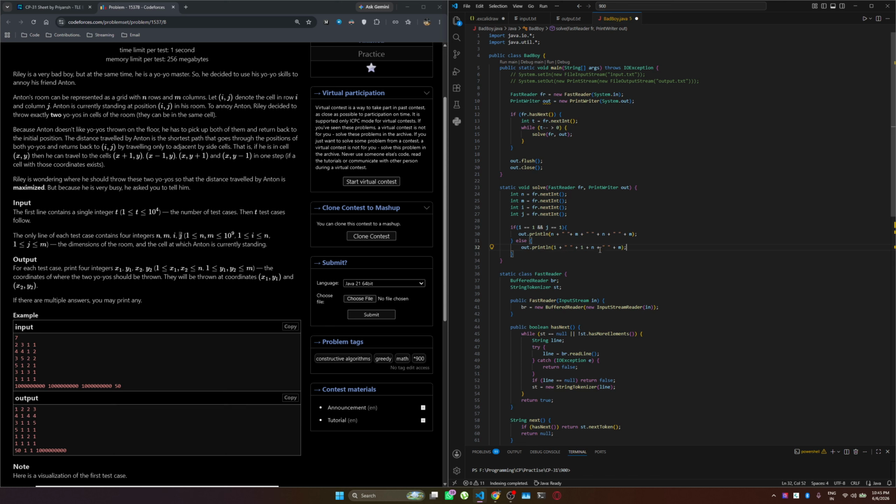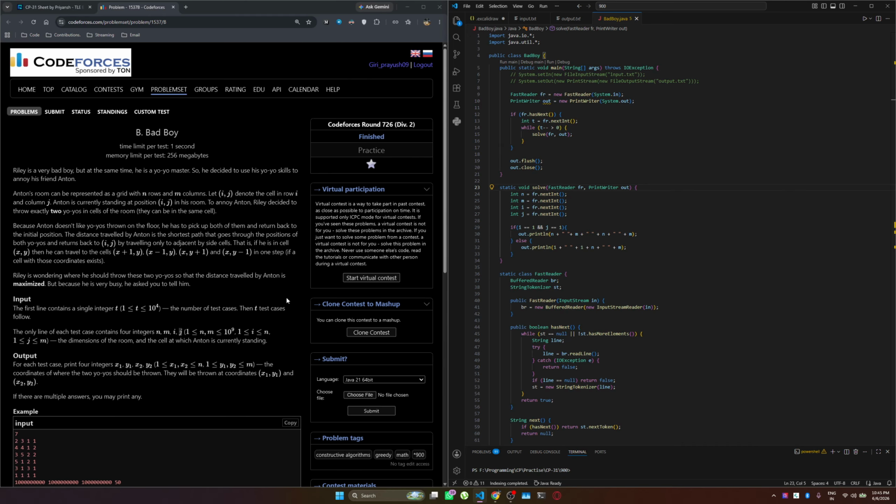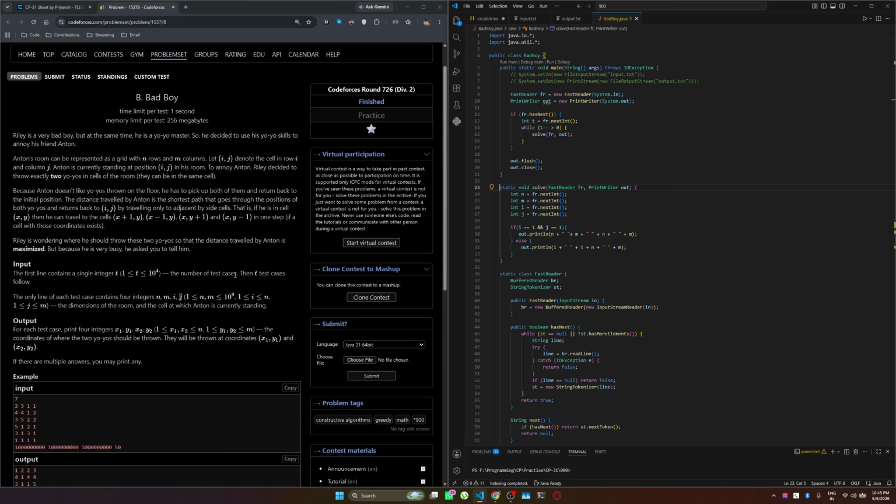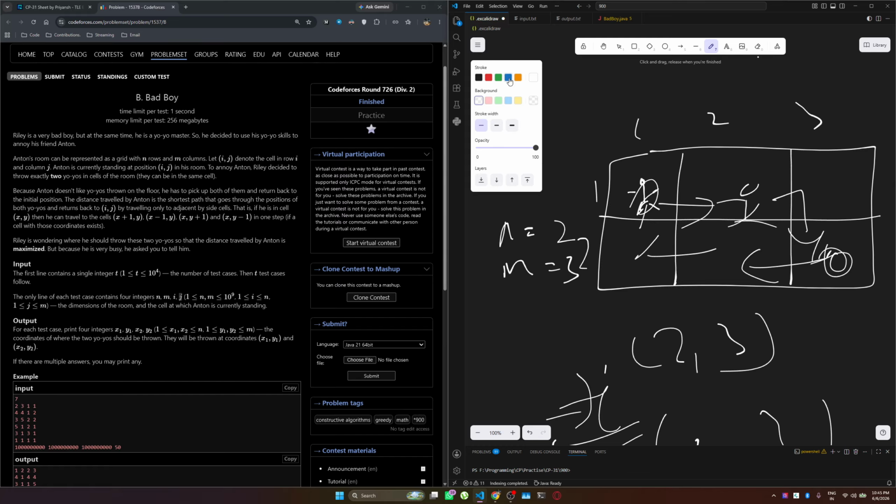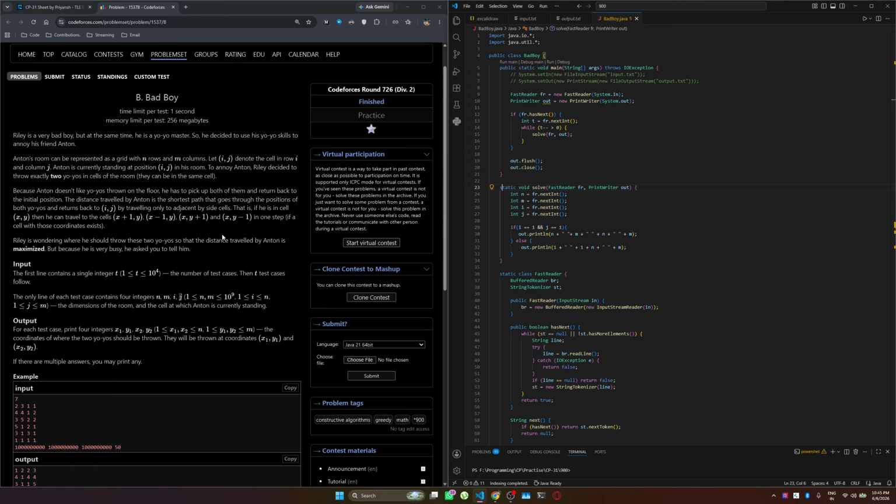I mean, this just looks... Oh, I don't even know if this works. But I mean, it's directly outputting the answer, but let's see.